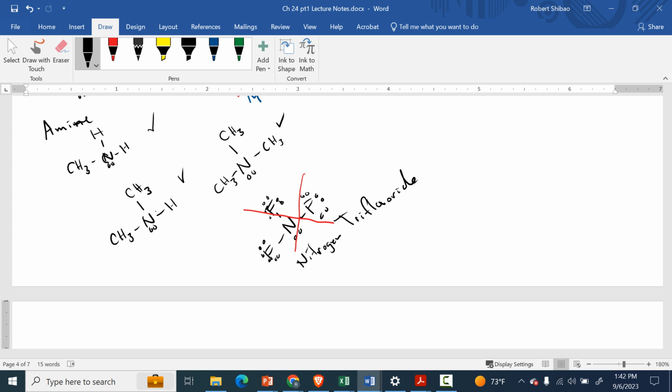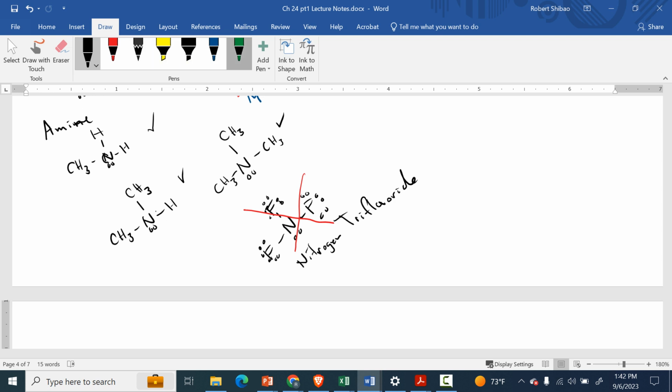If we want to think in terms of charge, acids tend to be positive, like H+. Bases tend to be negative, like hydroxide. The reason why this last one is not good is because of this.